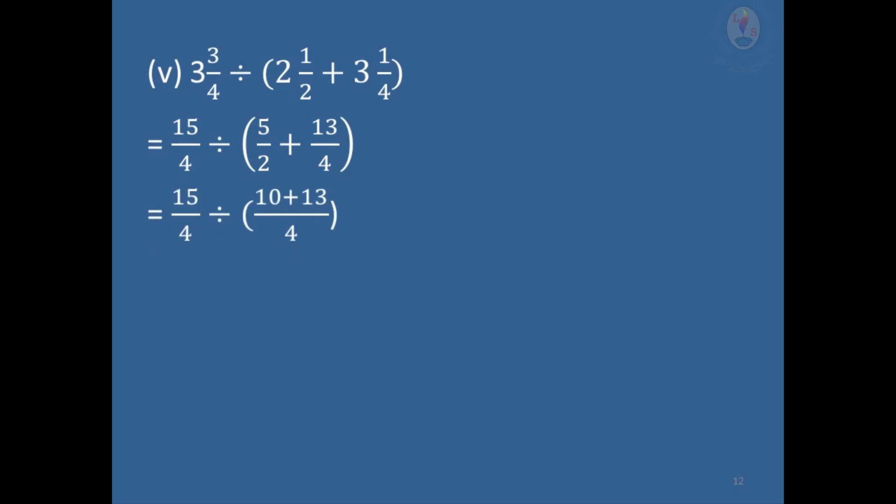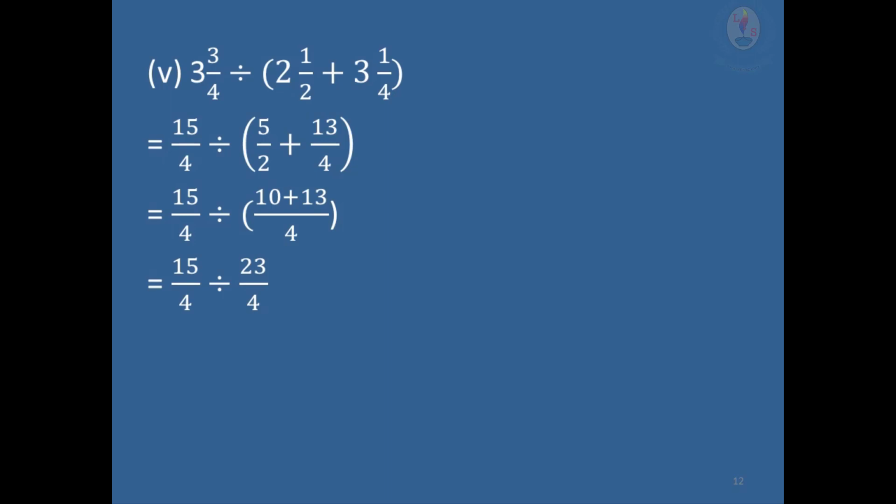So we can write 15 over 4 divided by 2 times 2, we can get 4. Then 5 times 2, 10 plus 13, we are getting 23. 23 over 4.